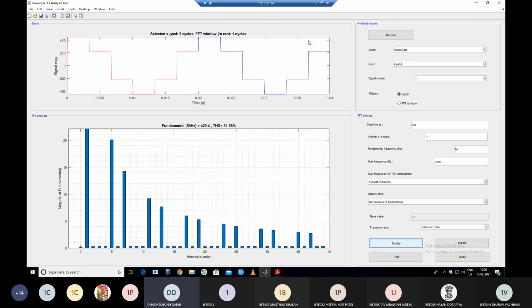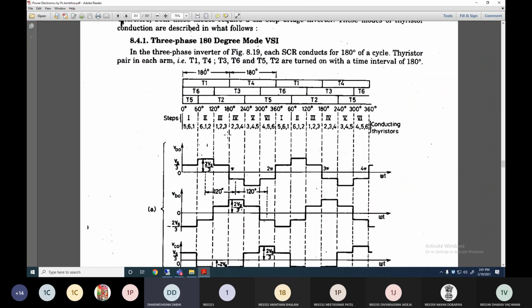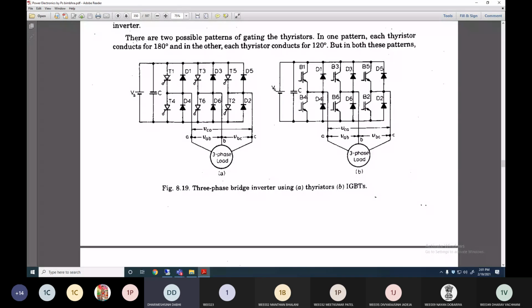Because as you can see in the theory, this is the 180 degree mode. T1 is turned off at 180 and T4 is started at 180 also. So at the same instant, omega t equal to 180, it may be possible that both the switches remain in on condition. So what will happen if 1 and 4 remain on, your supply will be short circuited.